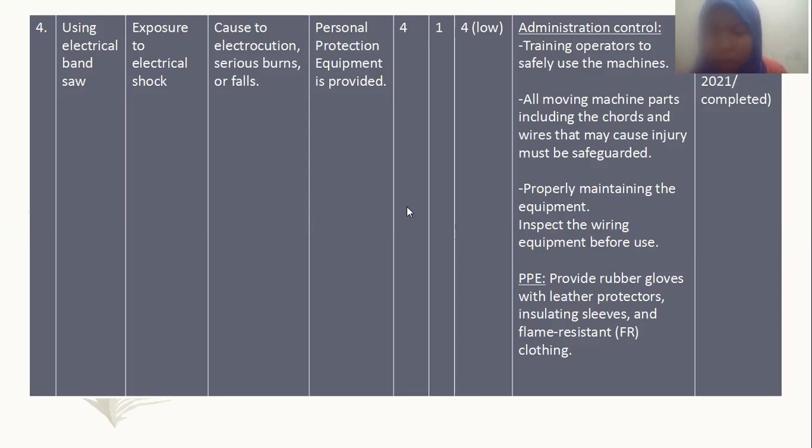Good housekeeping for the wire equipment is a must so that falls or trips can be reduced. The next control measure is personal protective equipment: provide rubber gloves with leather protectors, insulating sleeves, and flame resistant clothing.